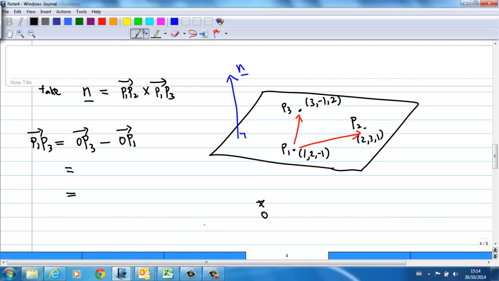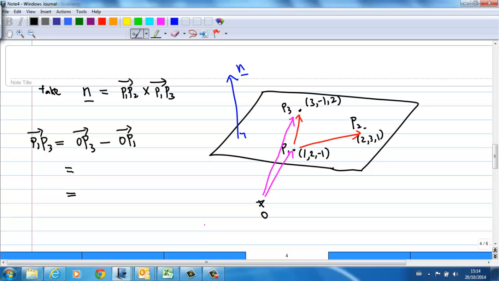Next, we are going to find the vector P1P3. Now P1P3 is the difference between OP3 and OP1. You see that OP3 minus OP1 is P1P3.